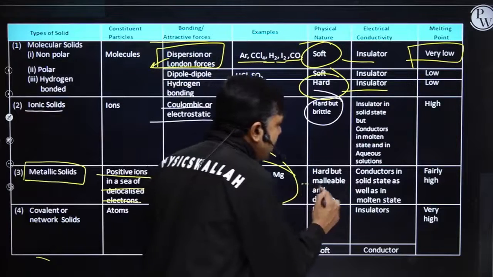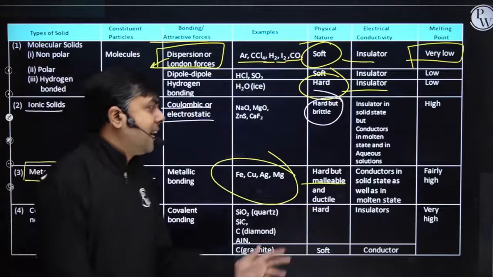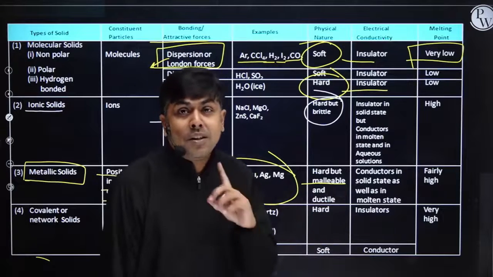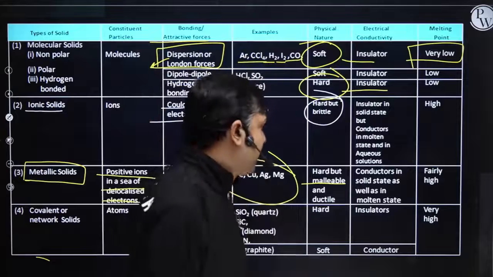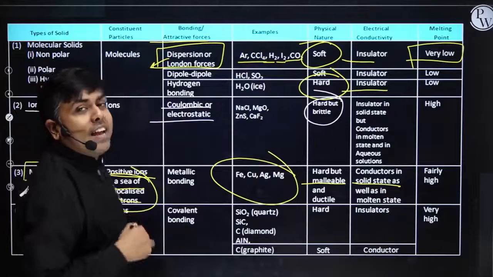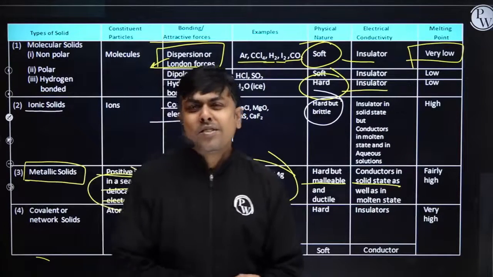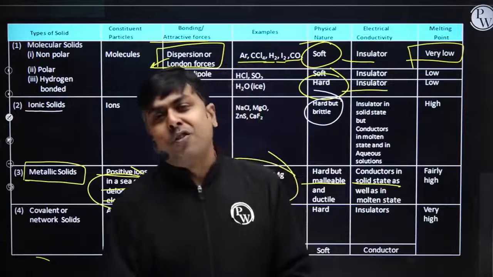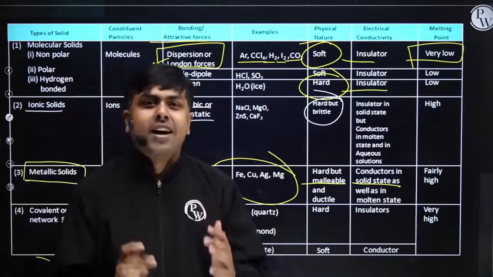Hard but malleable. All the properties of metals, they are hard but malleable and ductile. Students, now metallic solids conduct electricity, right? Because of these delocalized electrons. Am I clear? If I talk about the melting point, once again, the intermolecular force of attraction is high, so melting point is going to be high.